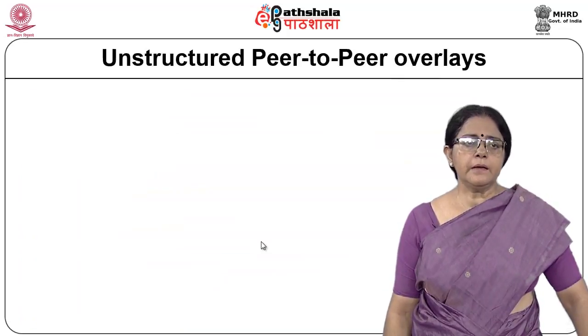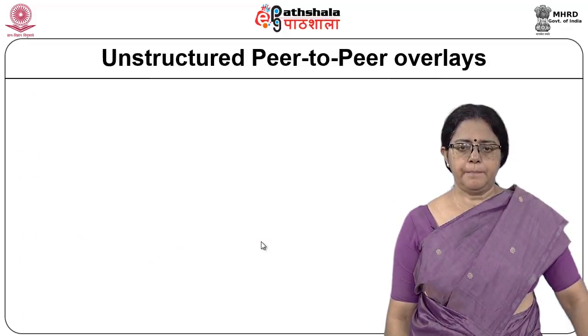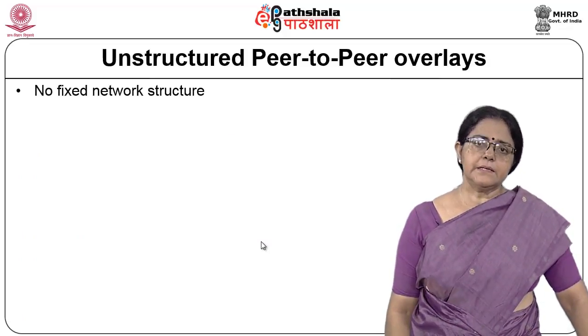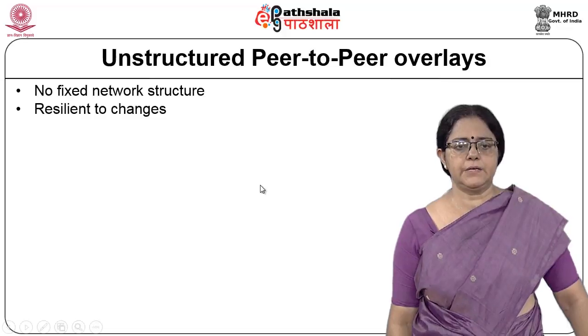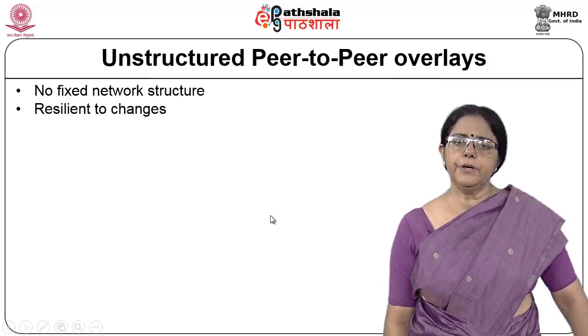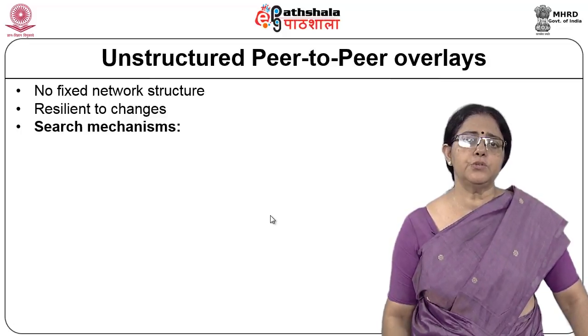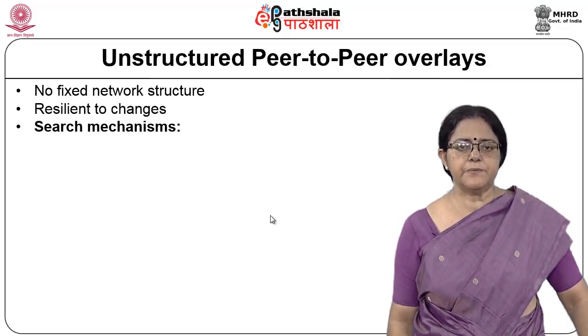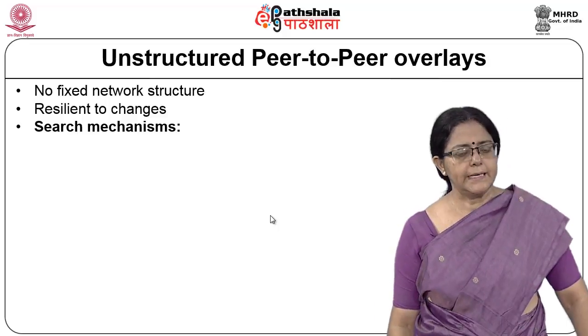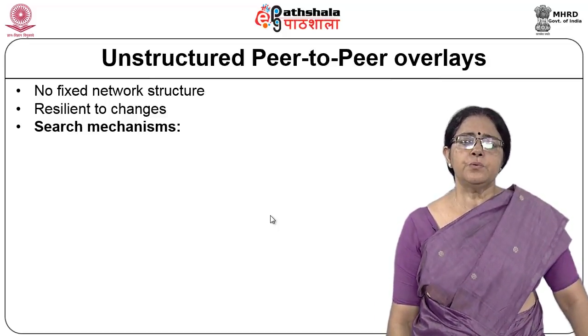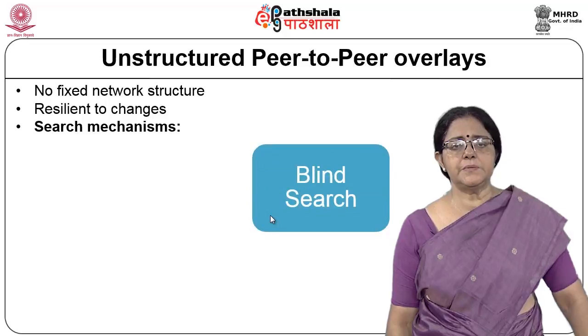Now let us look at the unstructured peer-to-peer. In unstructured, there is no fixed network structure, and therefore it is much easier to make changes. I really do not need to update a specific node as we had to do in a structured environment. So there are a few search mechanisms that are used.